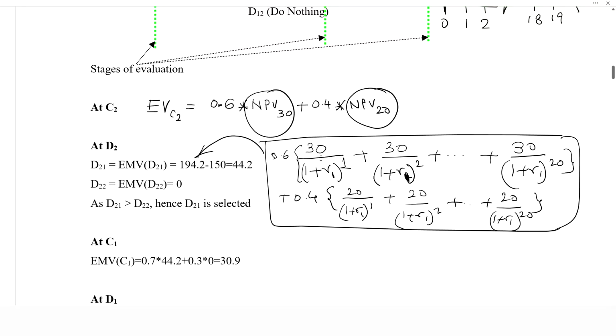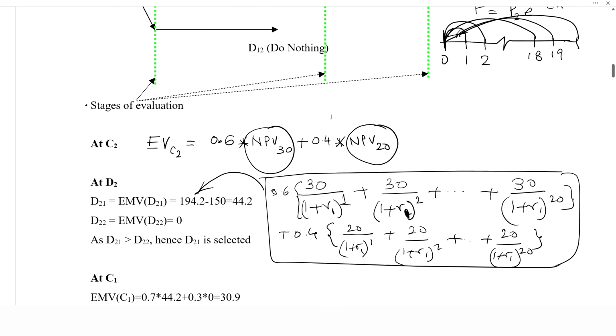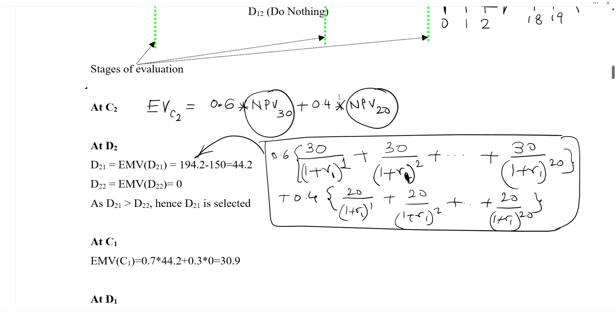Now, if you remember, in the problem for the decision tree, we were at the point D2. At D2 the value was 194, I am not reading the decimal, 194 minus 150, which is 44, to be compared with 0. So, 44 was positive, we will take that. When we want to find out the value of C1, the logic would now have become clear to you.